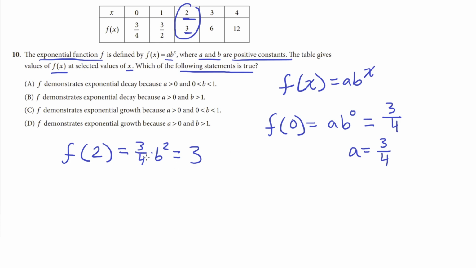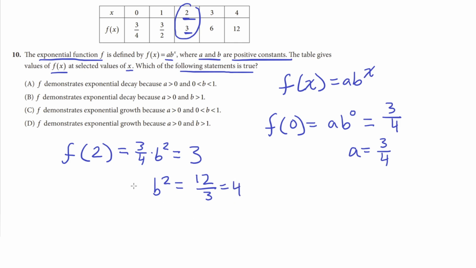So now let's divide both sides by 3/4. The 3/4 on the left-hand side cancels out. We're left with b squared equals, and if we divide this by 3/4, that's like multiplying by 4/3, which is 12 over 3. And this is just equal to 4.